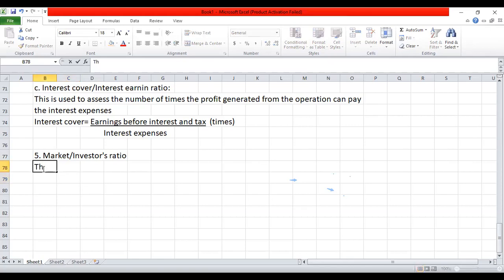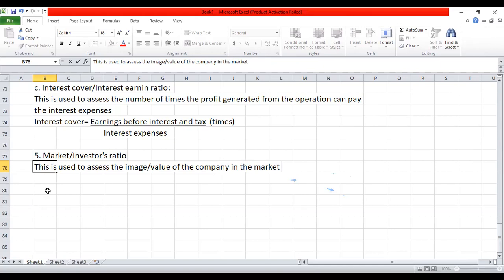So this is used to assess the image or value of the company in the marketplace. It is mainly used by investors if they want to assess the value of the company at the marketplace.